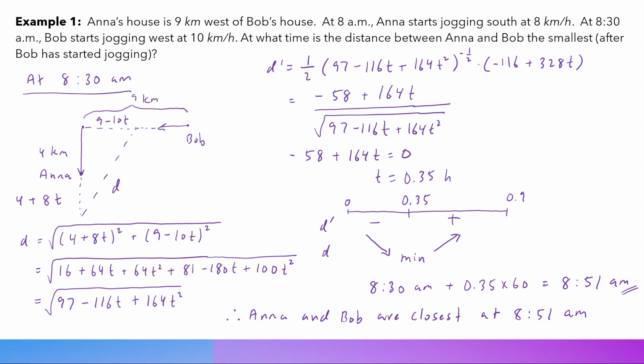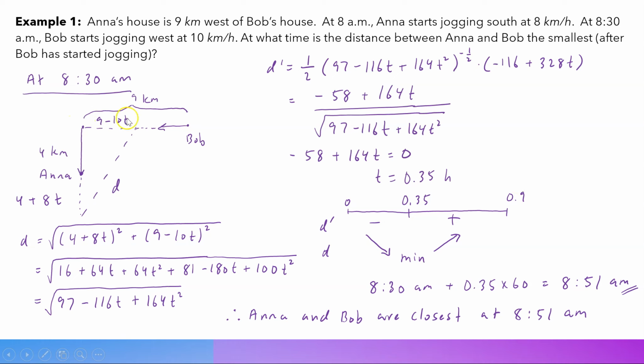Now, to make sure that this truly is a minimum, I use a number line here. So my critical value is 0.35. Now I have boundaries here. The distance between Anna and Bob cannot be less than 0. And also, when looking at the variable t, the time cannot be greater than 0.9.